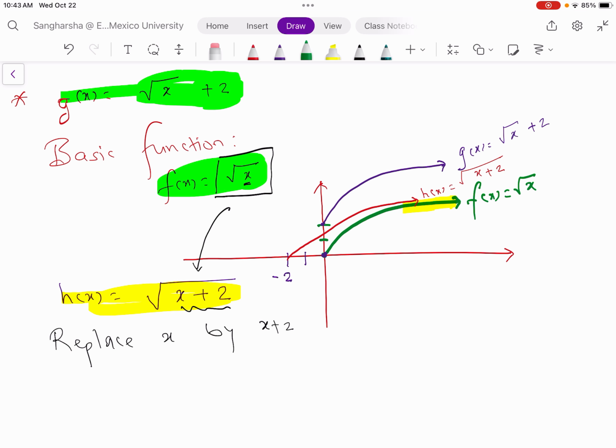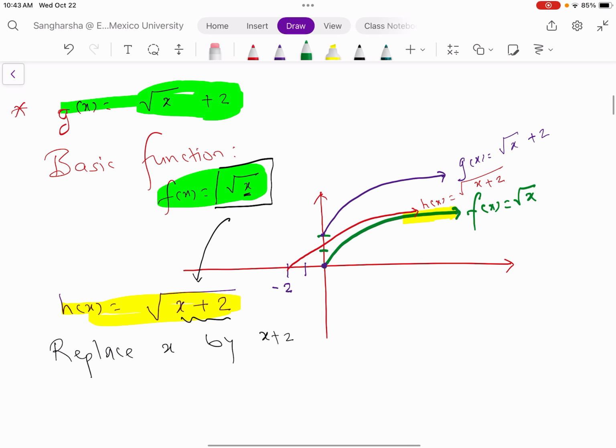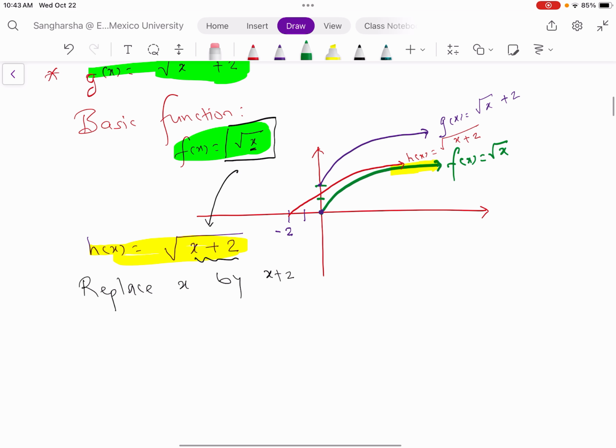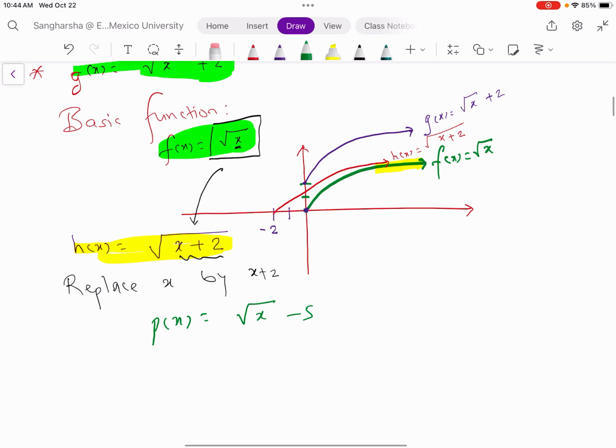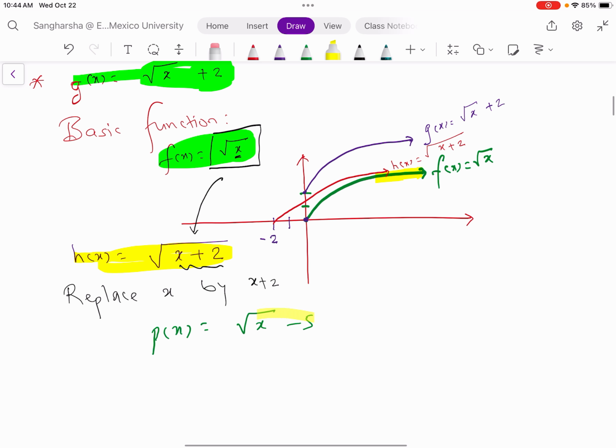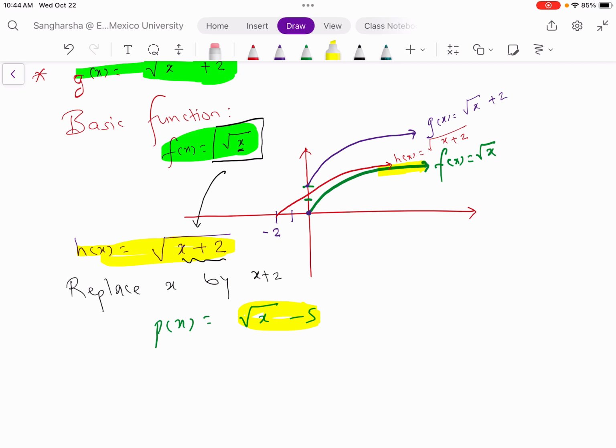Now, in a similar way, if you have the next function p of x, and p of x is the square root of x minus 5, how do we get this expression from the basic function? We subtract 5. Subtracting 5 means we are moving the basic function graph vertically down by 5 units.